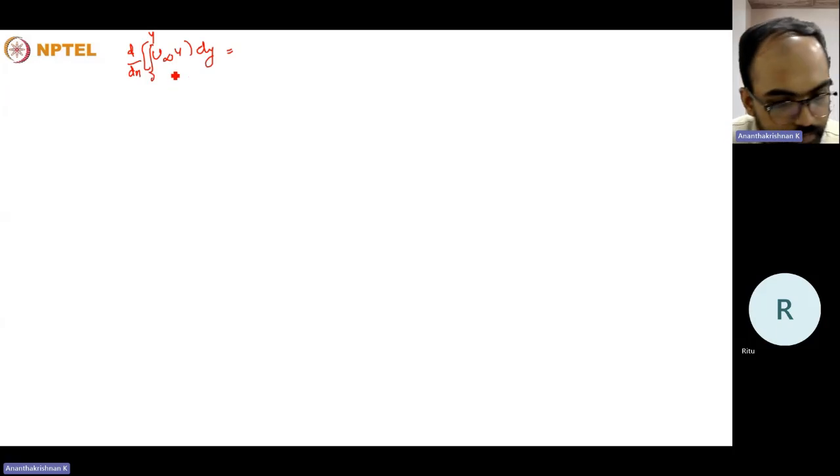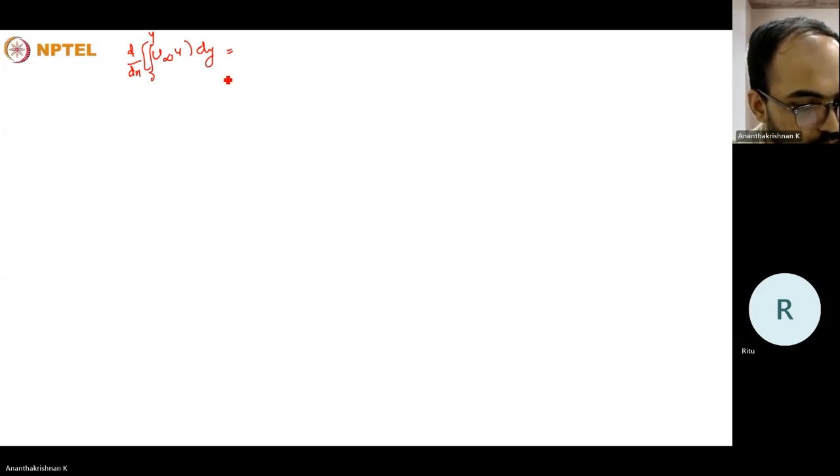So this could be written as, this is same as minus of, if you take this d by dx inside also, it will be the same. So what we could say, u by ui, we have seen the integration, Leibniz rule.